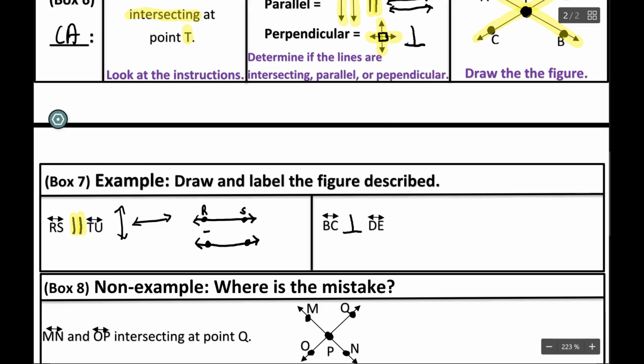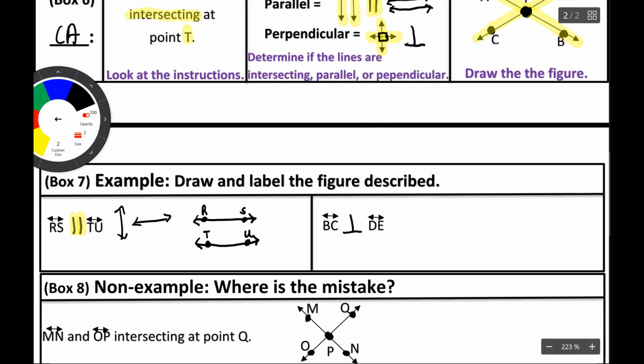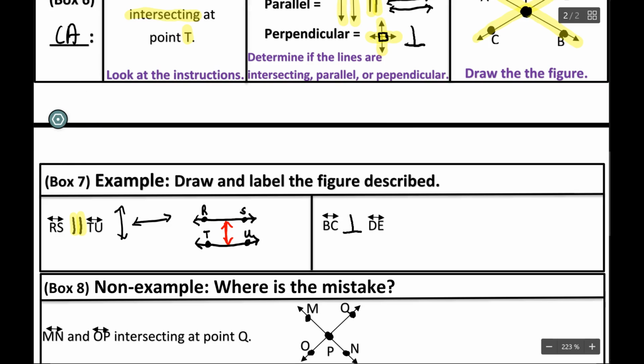That's going to be T, and this one's going to be U. And that's it. I drew two lines that are parallel. How do I know that they're parallel? Because these lines are about the same distance apart. Remember, based off of this right here, same distance apart, and they will never, ever touch. But what was important about that was that I needed to make sure that I put the points inside of it too.